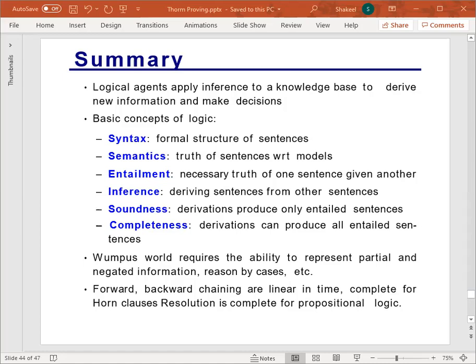Soundness is a derivation that produces only entailed sentences, and completeness is a derivation that can produce all entailed sentences. The Wumpus world, as we have seen, requires the ability to represent partial and negated information, reason by cases, etc. Forward chaining is linear in time and complete for Horn clauses. Resolution is complete for propositional logic as well.